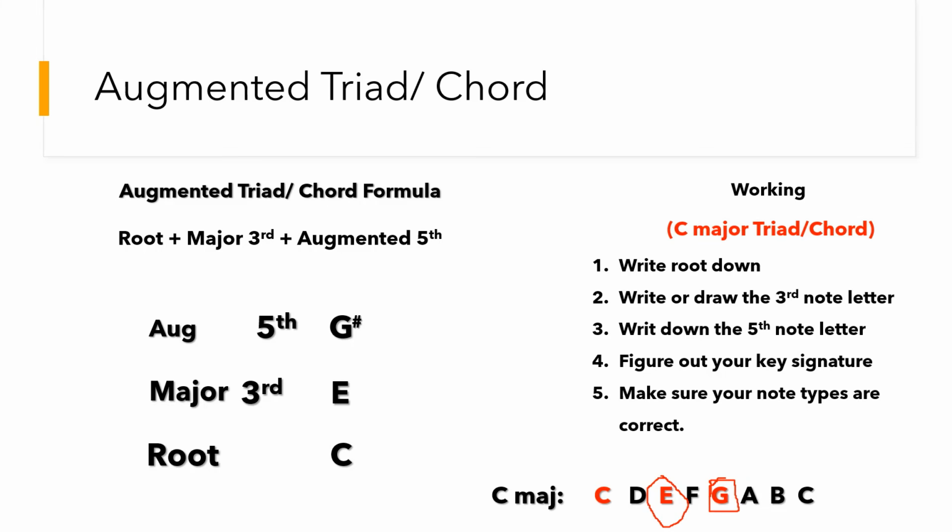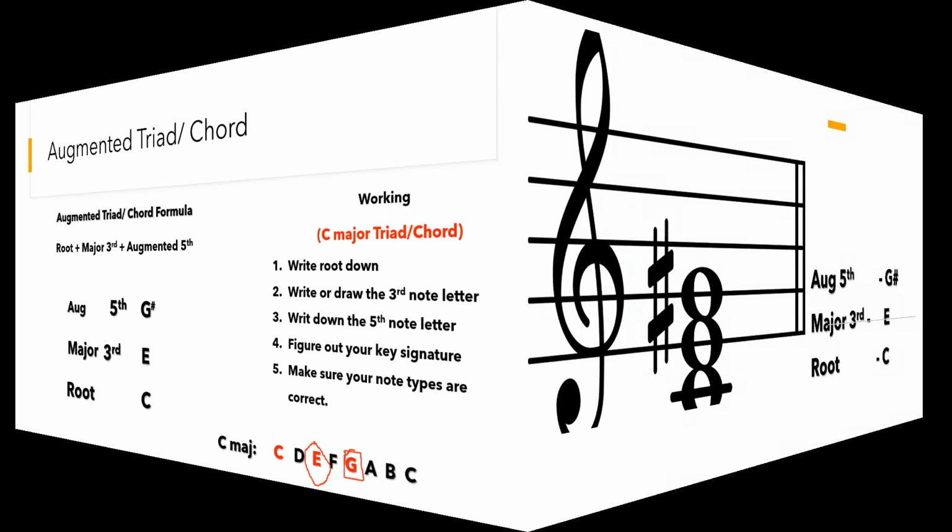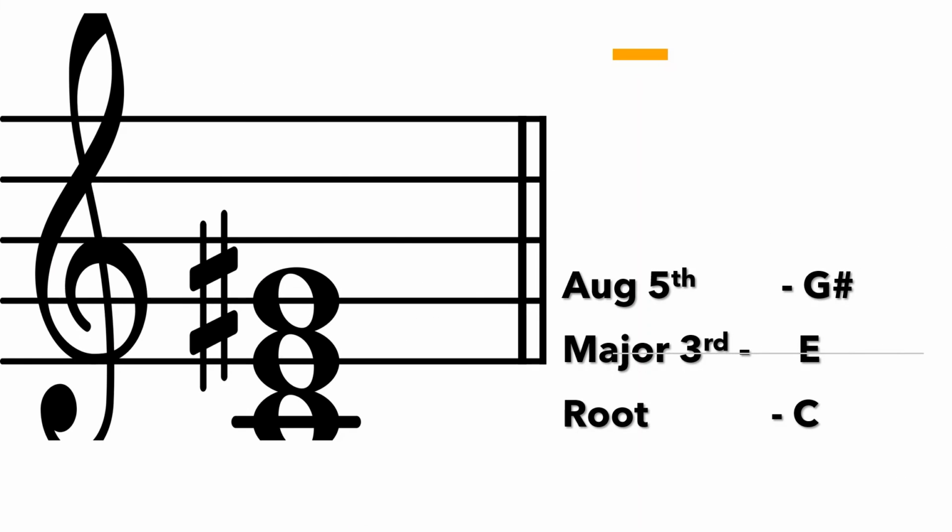So once it's natural and it's telling you to go up, it requires you to add a sharp, because a sharp raises the pitch of the note upwards. Then on the staff, we have C, E, and G sharp.